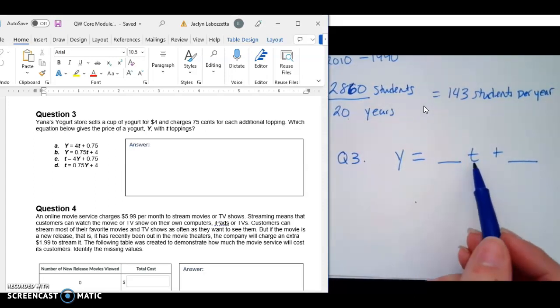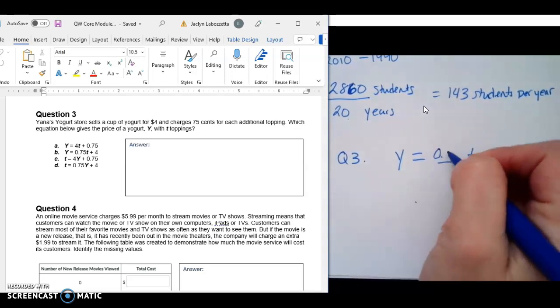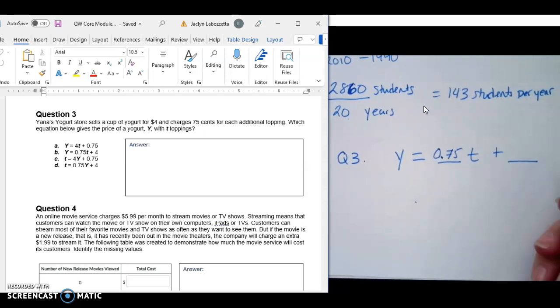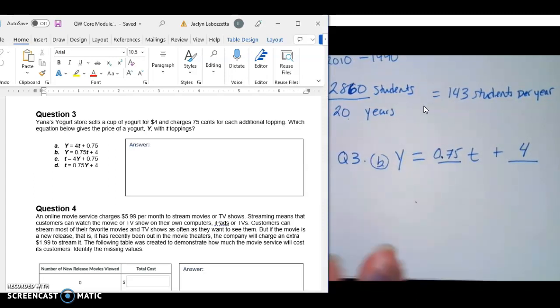So I would multiply the number of toppings by the 75 cents, and I'm going to write the 75 cents in dollar form, so 0.75. The constant is the starting amount, like how much is yogurt without any toppings. In this case, a yogurt is $4 without any toppings, so we would put a +4 here. So taking a look at the choices we have, B would be the correct choice for this situation.